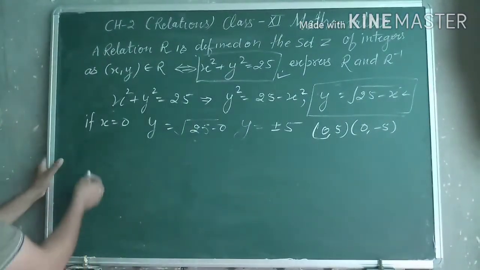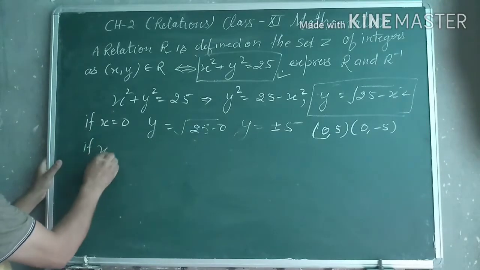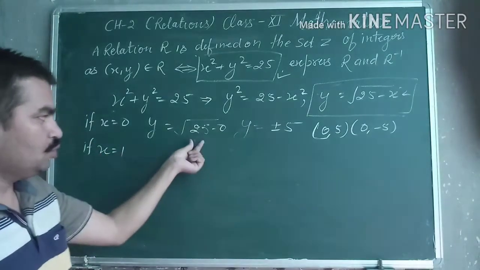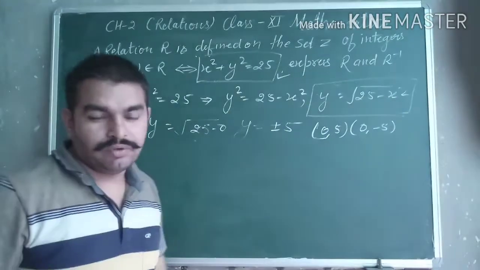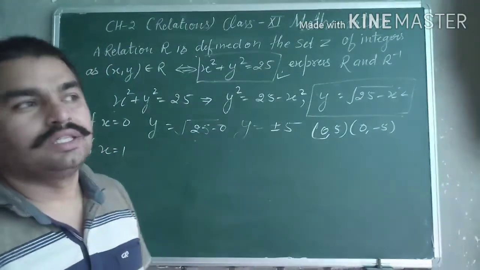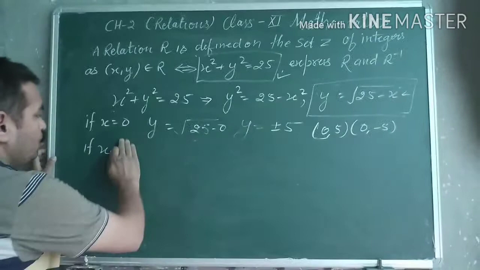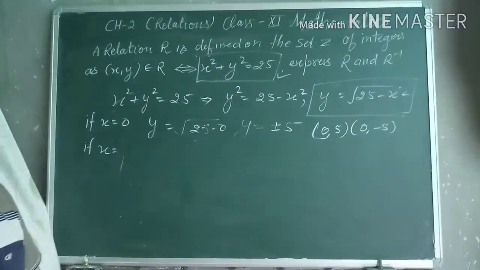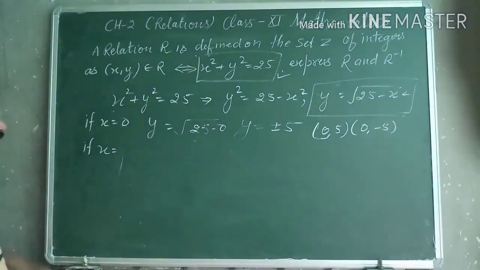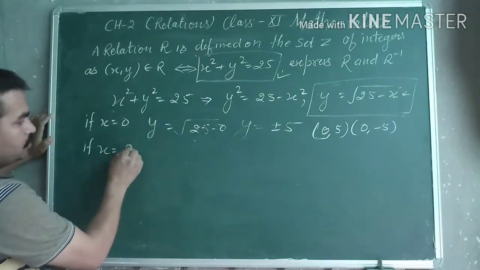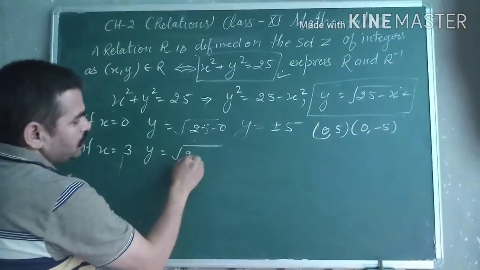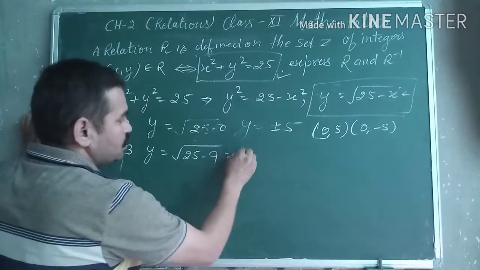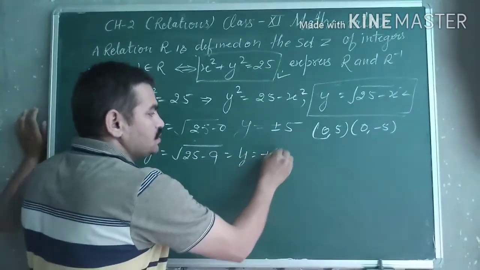Got it? Now if x is equal to 1, then 25 minus 1 is 24, that is under root 24, which is not an integer, so we can't take it. Likewise for x equal to 2. So we are going to take x is equal to 3, then y is equal to under the root 25 minus 9, that gives y is equal to plus minus 4.